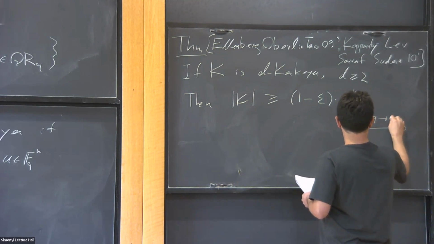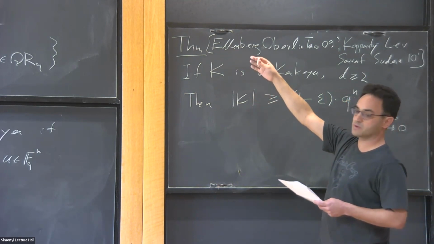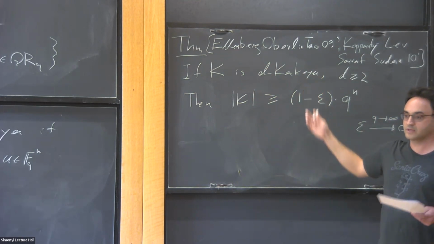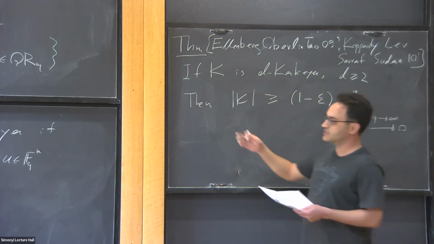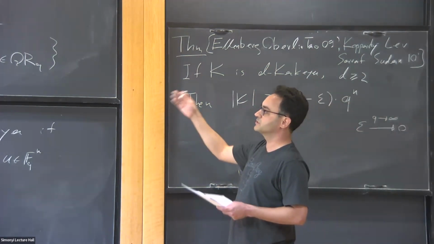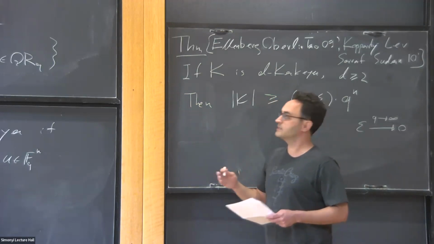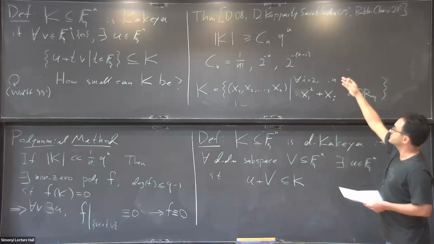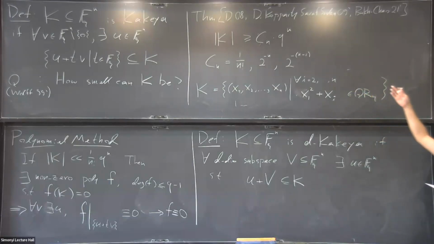I didn't mention it before, but typically in these problems, we think of the dimension as fixed and the field size growing. In applications and in computer science and so on, we do care about the dependency between Q and N. And actually, this theorem is for any Q. And it's interesting already when Q is, let's say, even a big constant.